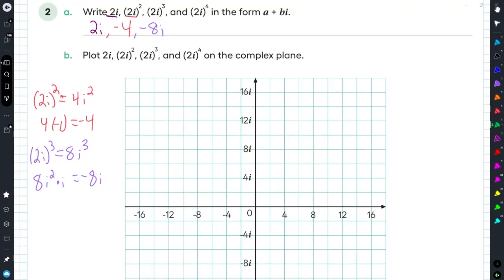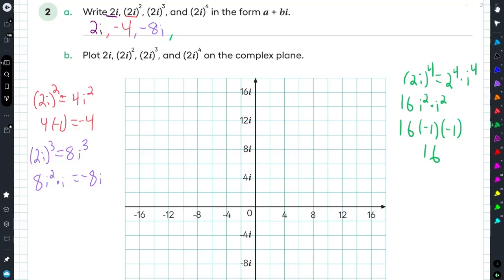Now 2i to the fourth is 2 to the fourth times i to the fourth. 2 to the fourth is 16. I to the fourth you can write as i squared times i squared, because when we multiply we add the exponents. I'm going backwards: i squared times i squared gives i to the fourth. Well, i squared is negative 1, so 16 times negative 1 times negative 1 is positive 16.